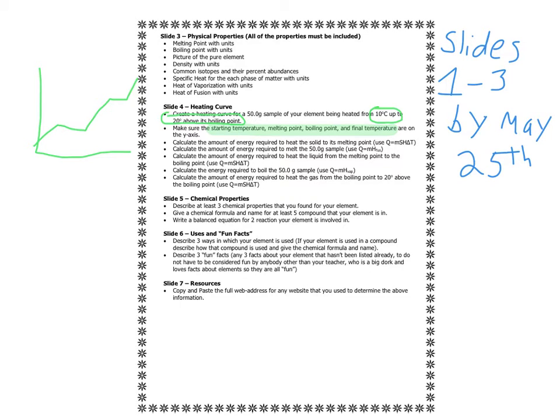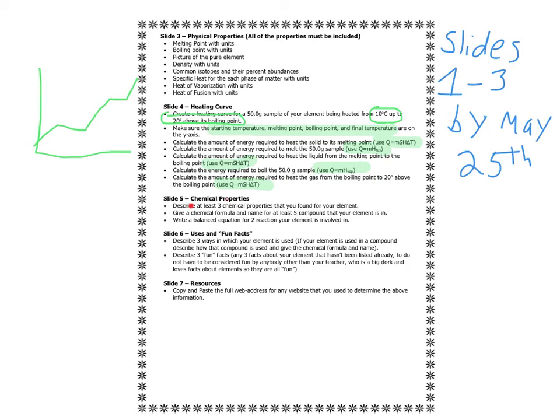Then you're going to use the 3 energy calculations we talked about earlier in this distance learning environment, Q equals mSΔT, Q equals mHfus, and Q equals mHvap, to calculate all the energy needed for this 50-gram sample to undergo the changes that your graph shows. Like I said, that will probably take the longest amount of time.